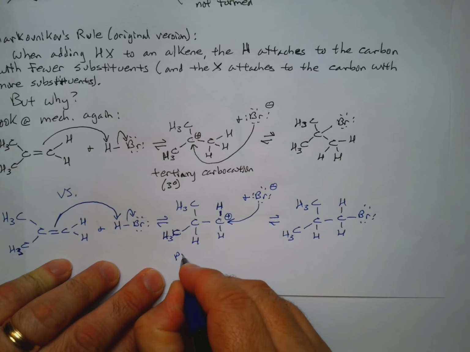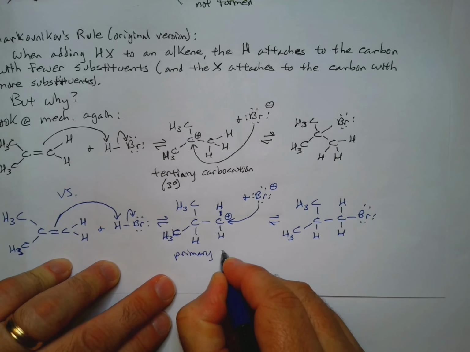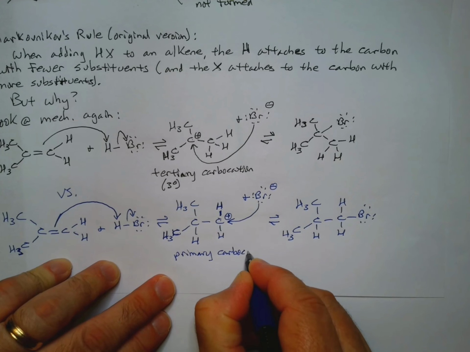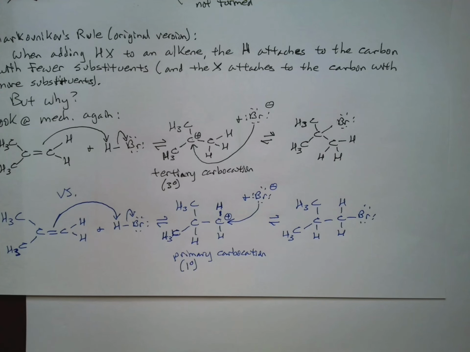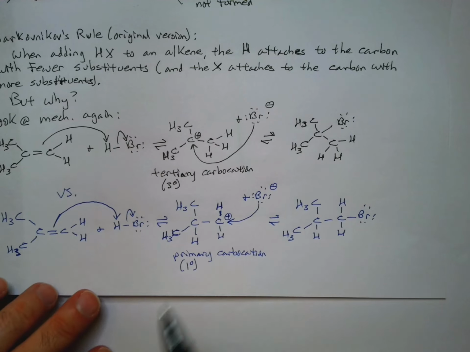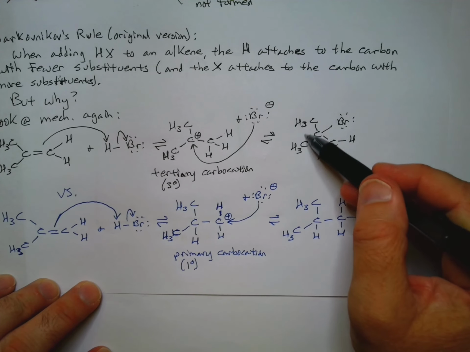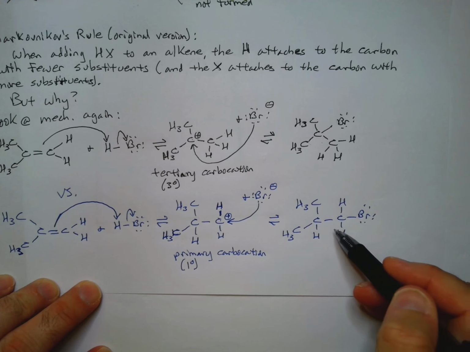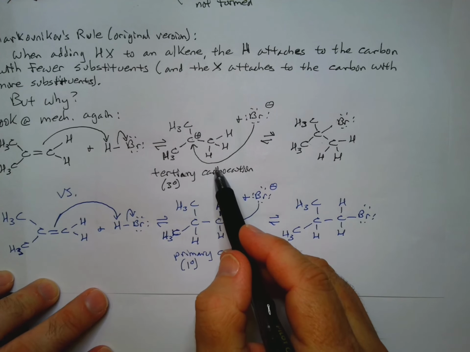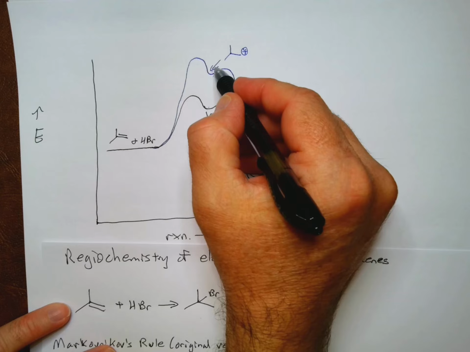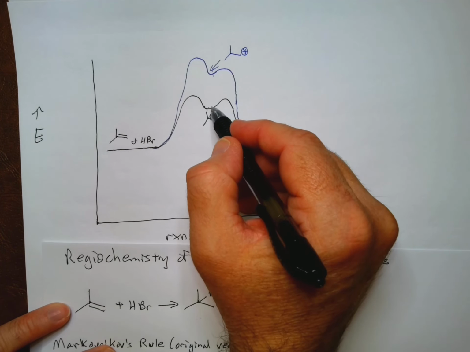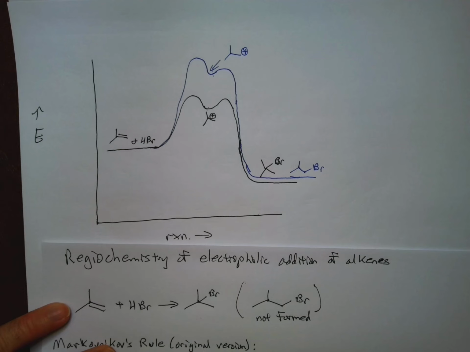We call that primary, which we could abbreviate as 1 with a degree sign. The reason why we get this product and not the other one is because the tertiary carbocation is much more stable than the primary carbocation. It would take a lot more energy to make that primary carbocation, so the tertiary is the one that actually forms.